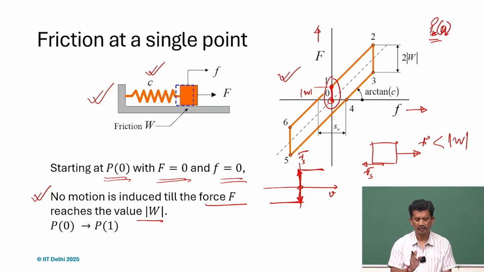We apply the force, it will simply increase, but there will be no associated deflection in this case, and therefore there is no spring force also, because there is no deflection there.